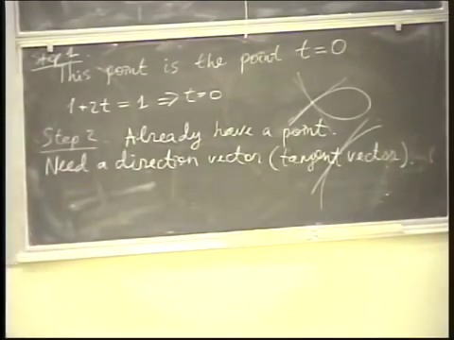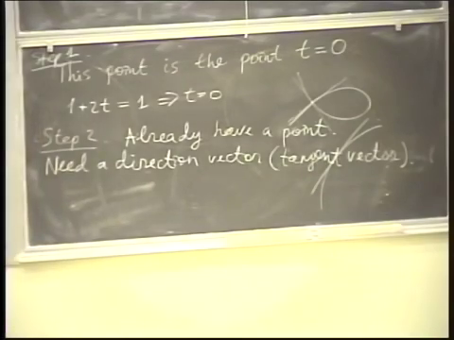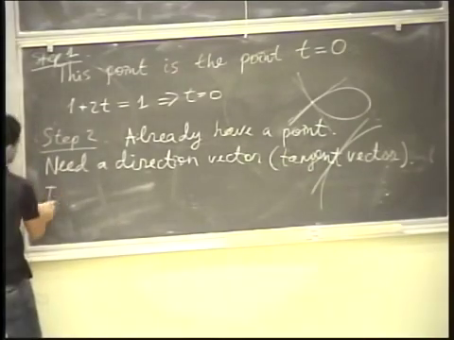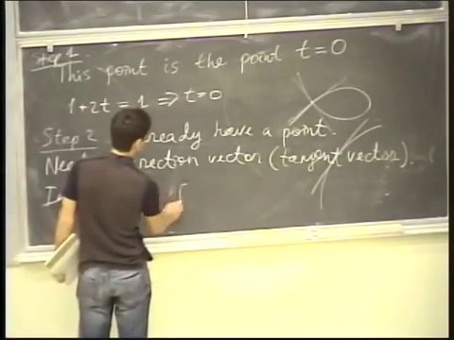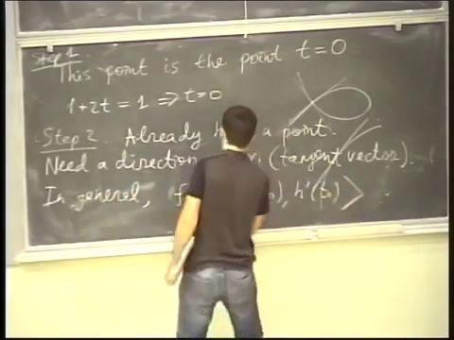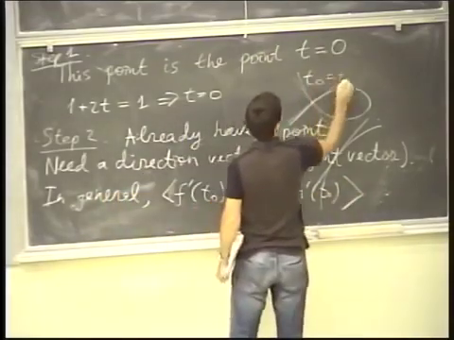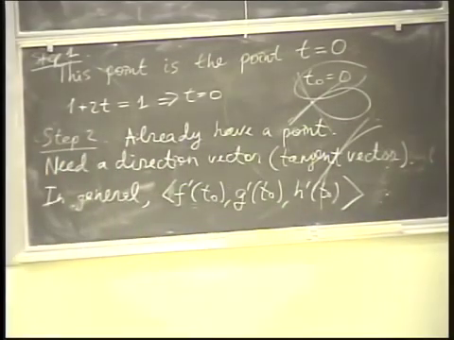We find it in the same way in which we found it for curves on the plane, by taking derivatives of our functions at this value. So in general, the formula is that you take f prime of t0, g prime of t0, and h prime of t0, where t0 is your value. So we simply have to differentiate each of the three functions and substitute.